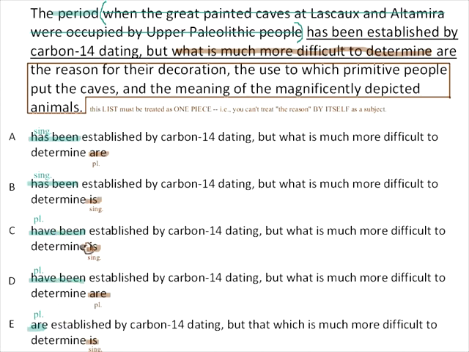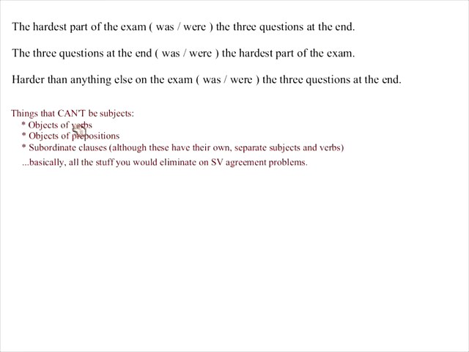So you can't do that. And anything like carbon-14 dating can't be either, because it's by carbon-14 dating, which is a prepositional phrase, and so on. So these things are not the subjects of the main sentence. If that makes sense, then give me the smiley face icon. Okay, good, a lot of smiley faces.